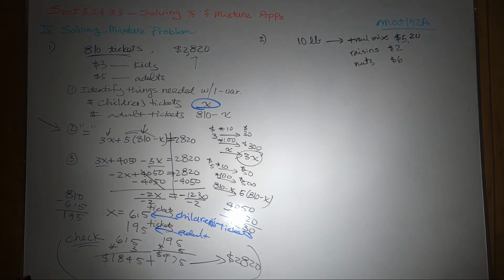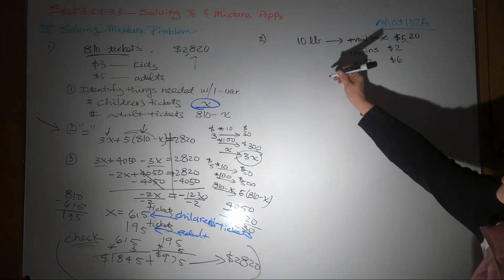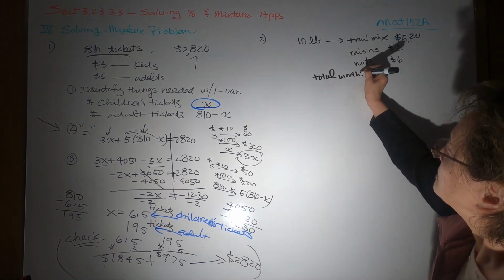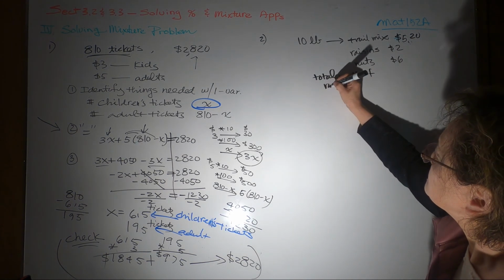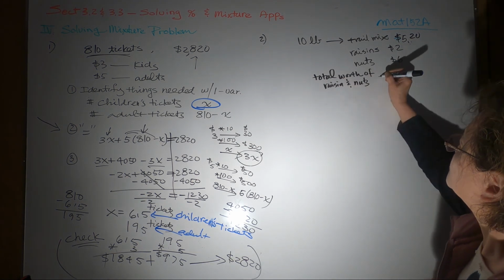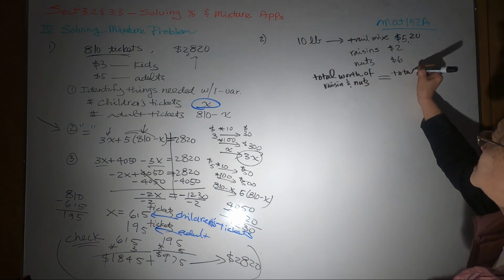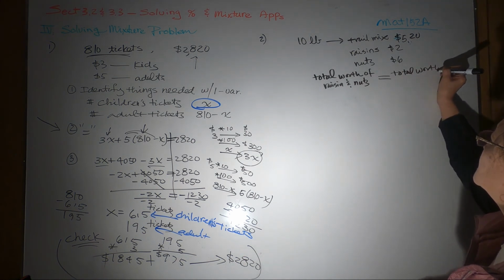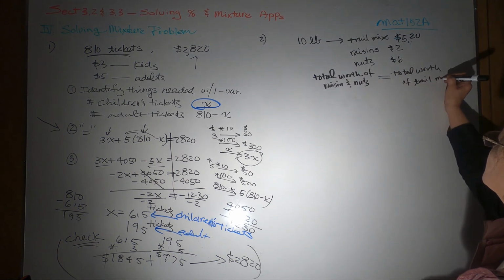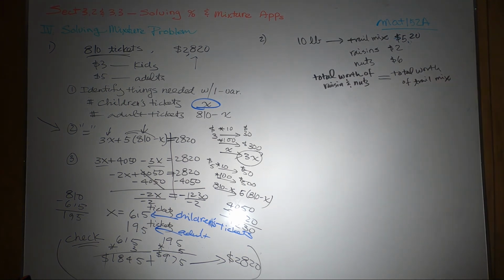So what do we do? Your thinking is this way. Total worth of raisins and nuts should equal what? The total worth of the trail mix, right?